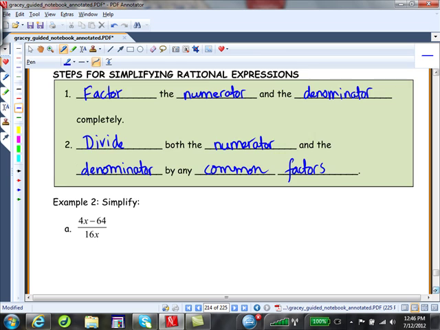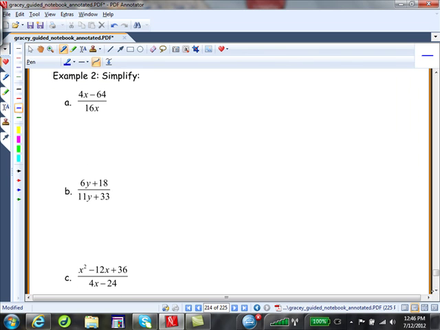Okay, so let's start off with part A. Well, we have a monomial in the denominator. Now here you have to be careful because you've seen problems like this before in chapter 5, but the instruction was for you to divide. Okay?